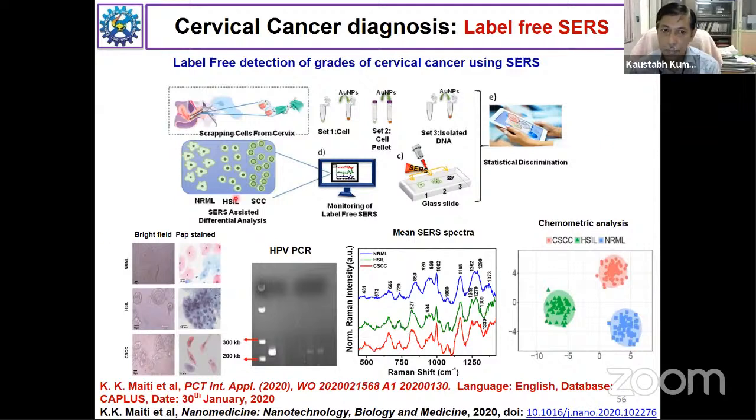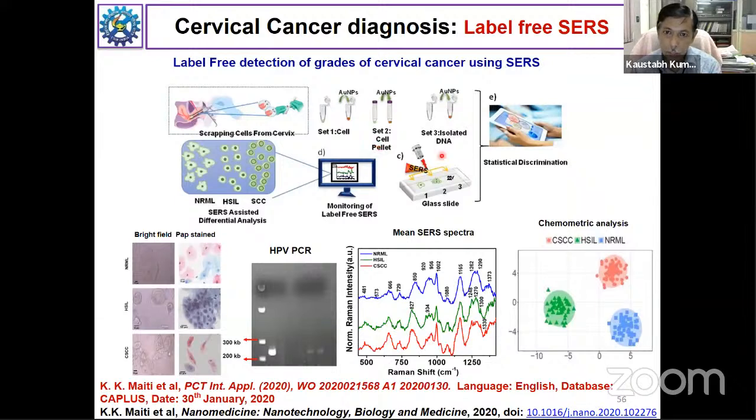You can see the normal features, the intermediate features, and the carcinoma features, which is the full carcinoma stage. We collected all these cells as a group and tried them in three ways: as a single cell, as a pellet, and as their isolated DNA.